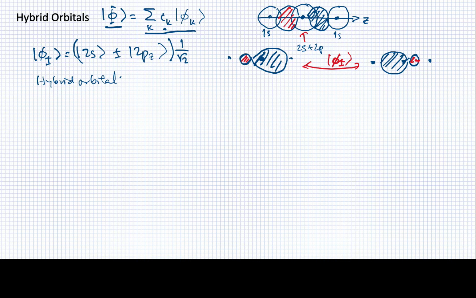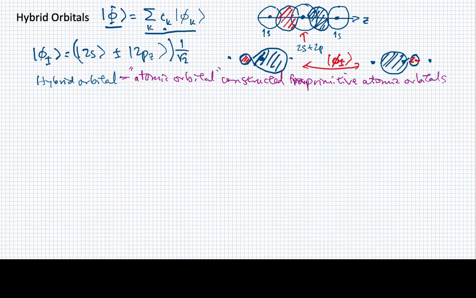It is basically an atomic orbital constructed from primitive atomic orbitals. And by primitive, I mean basic atomic orbitals, like s, p, d, and so forth. So another way of thinking of this is it's like a compound atomic orbital.